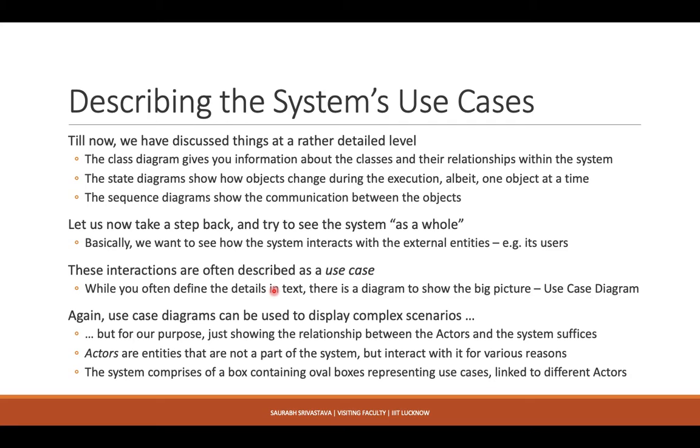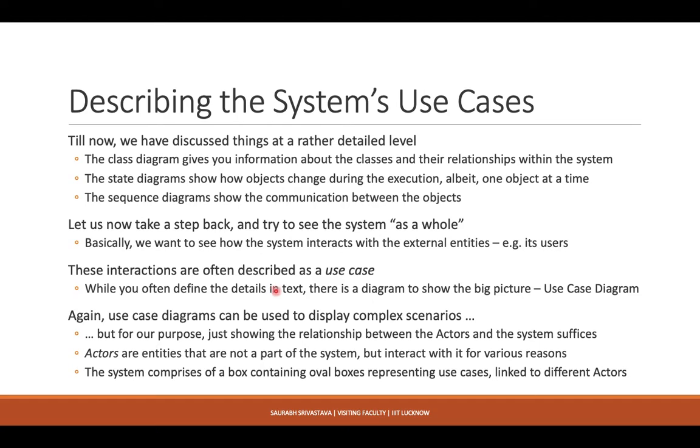It gives you a good amount of information about what is supposed to be done. But if your team has people who don't even know what an account is, what an amount is, what is a credit, what is a debit, then of course you need to give more details. But in case your system stakeholders are well aware of the domain, you don't have to explain each and every use case.